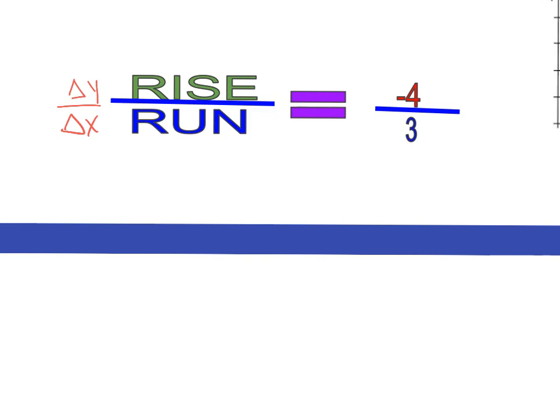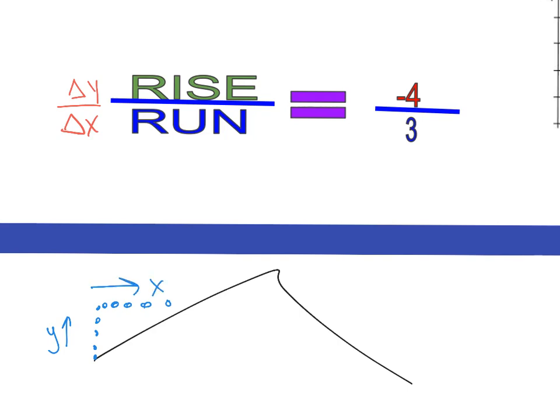Think of it as a mountain. If there's my mountain right there, and I want to know what the slope is, I first will go up, because I change y, and y is vertical, and then I will go over. The amount of change vertical over the amount of change horizontal is the rise over the run, where the rise, once more, is the vertical change.